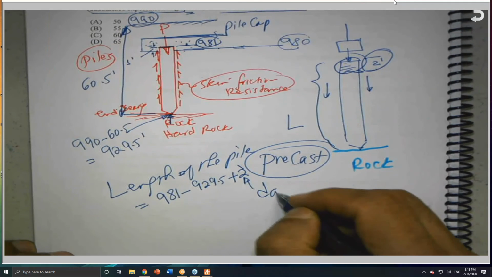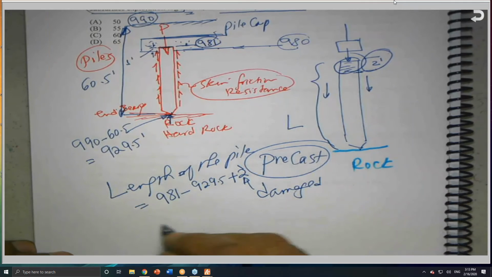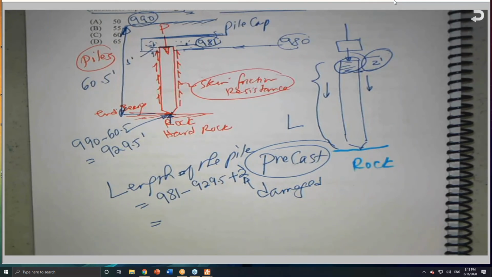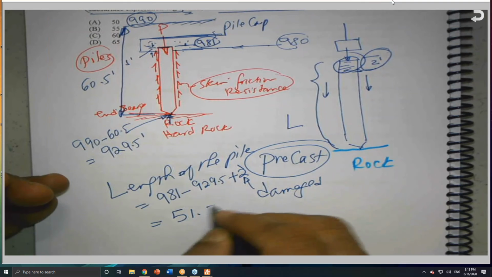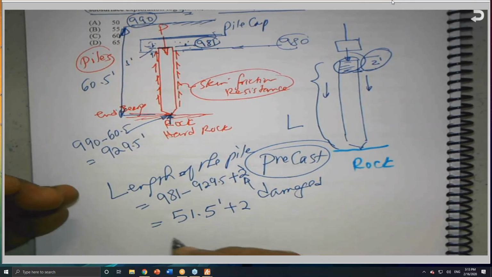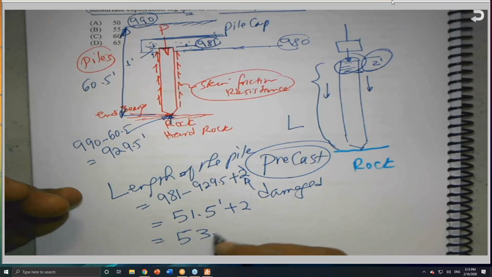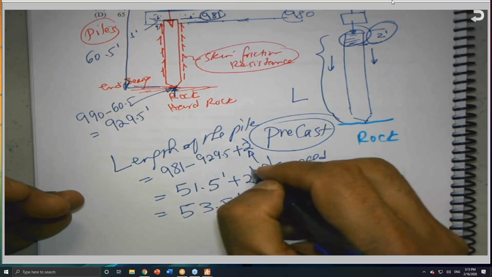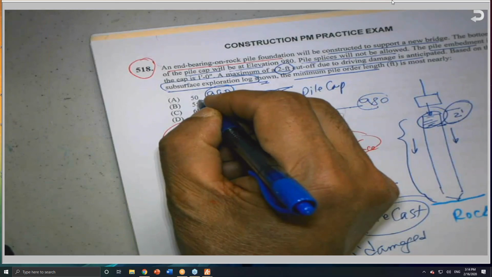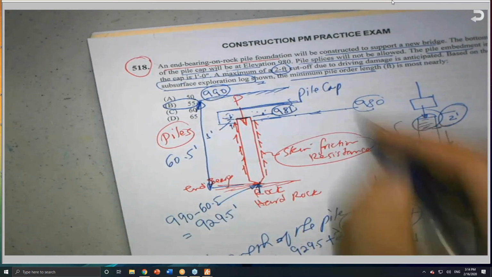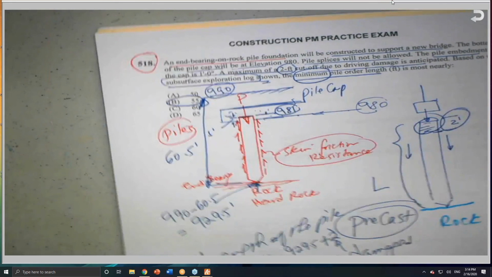So 981.0 minus 929.5 is 51.5 feet, plus 2 gives me 53.5 feet. Probably 55 is my best answer, which is the minimum length, because it asks what is the minimum. The word minimum is very important.